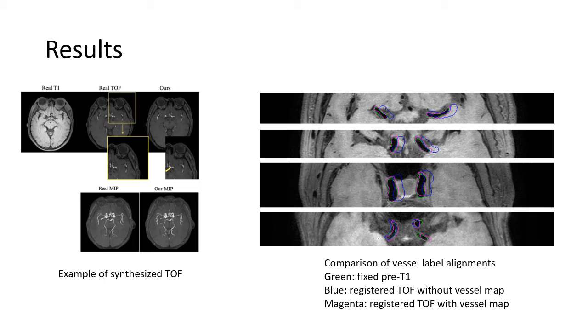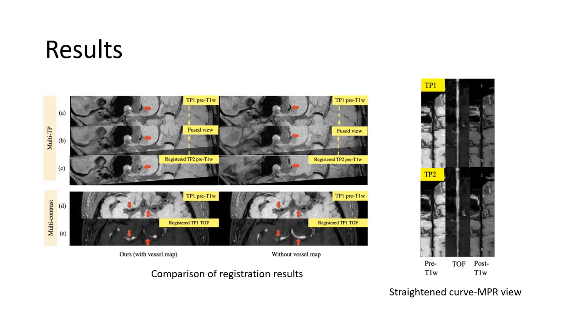Then to compare the registration results, we calculate the mean DICE score from manually labeled artery regions of all the test sets. That is 0.704 with our synthesized vessel map, and 0.567 without our synthesized vessel map.